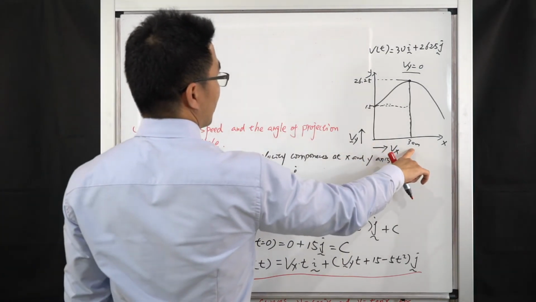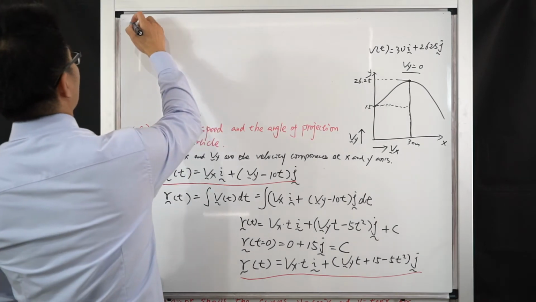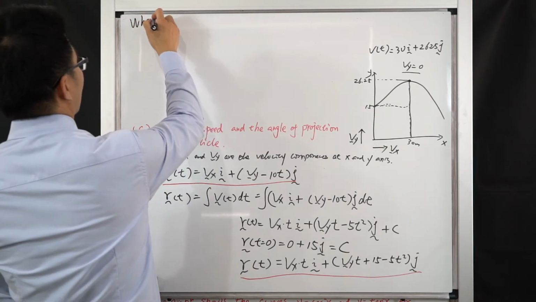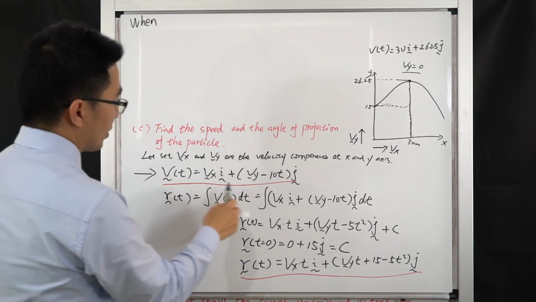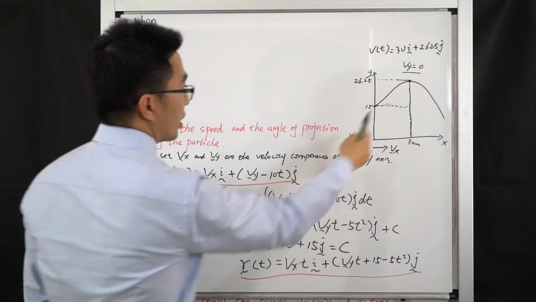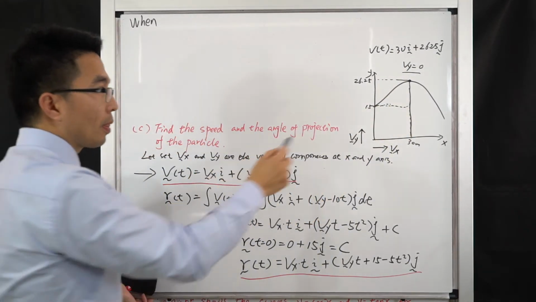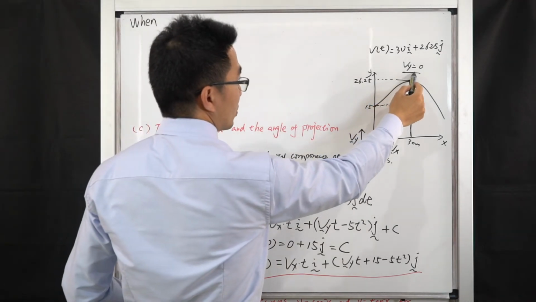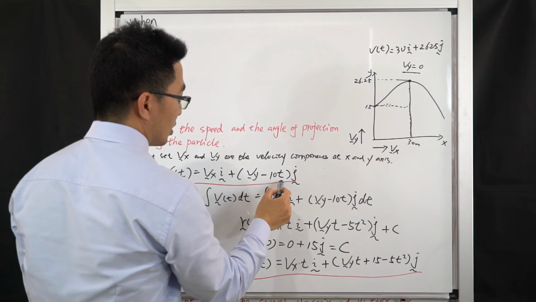So here, when we go back to the velocity, here is the j component. When the j component in this direction equals 0, because at this point the velocity is 0, Vy equals 0, then we can find this t, right?